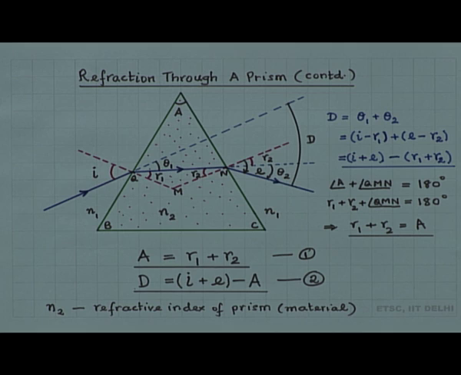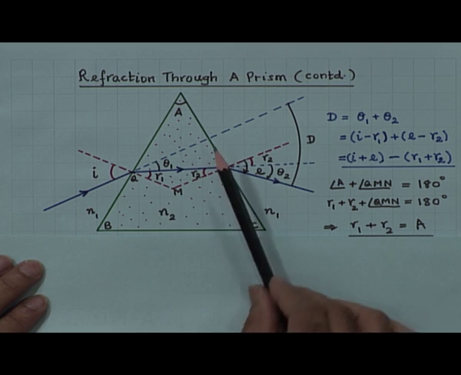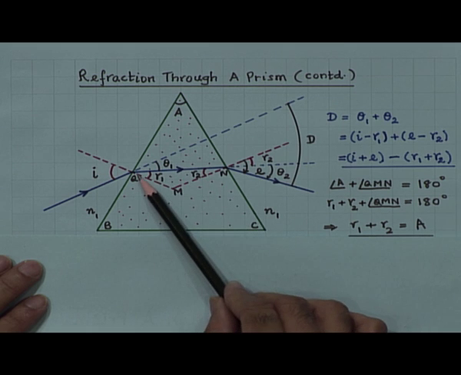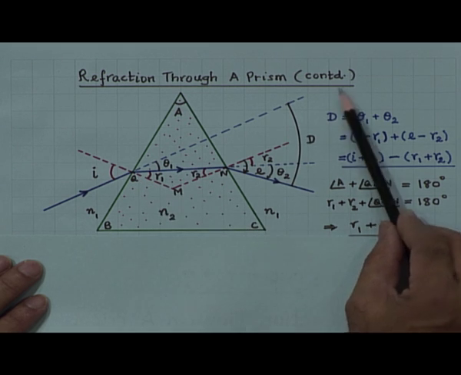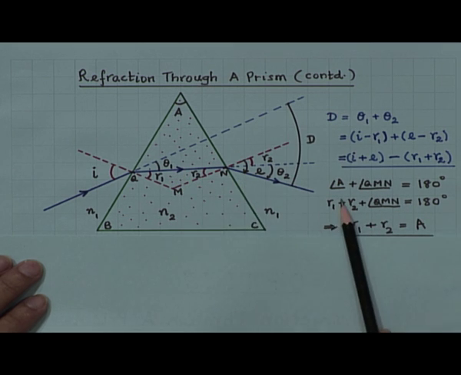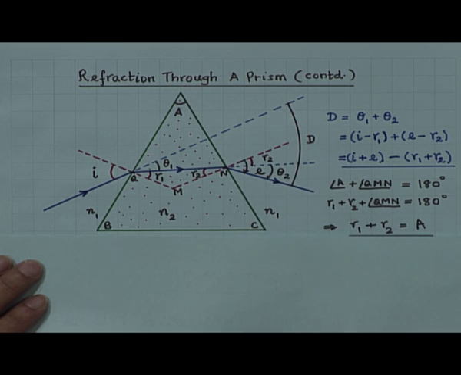First, see the prism. The incident ray undergoes refraction here. This is the direct path of the ray if the prism were not there, and this is the deviated ray and emerging ray, and therefore, this is the angle of emergence.